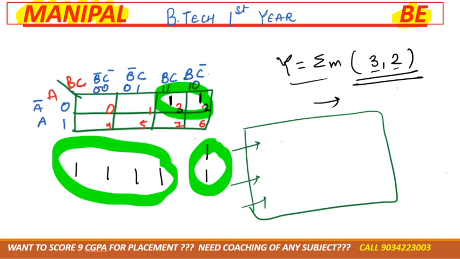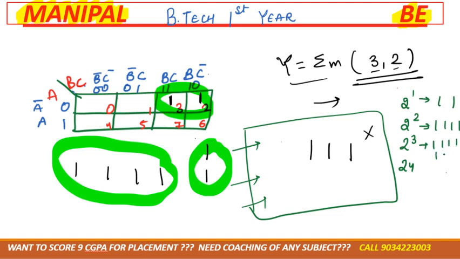Okay, next thing, if three ones are sitting with each other, then three ones can't make a pair. There can be pairing of 2 raised to power 1, 2 raised to power 2, 2 raised to power 3, 2 raised to power 4. Two 1s can make a pair, 2 raised to power 2, four 1s can make a pair, again eight 1s can make a pair.